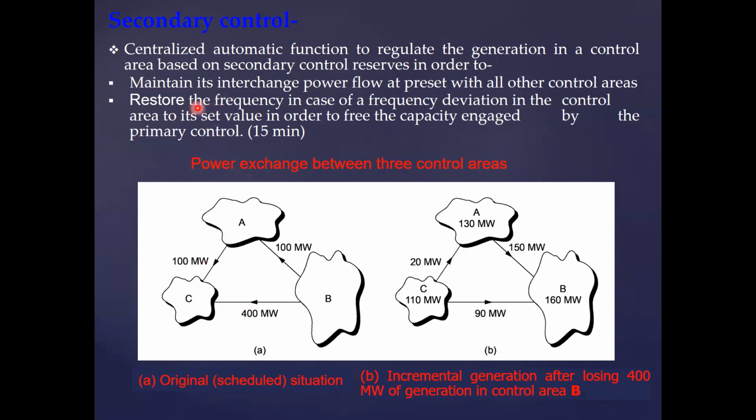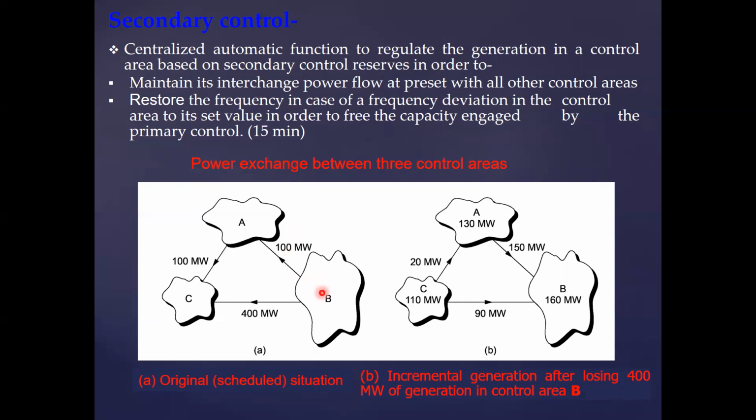The second objective is to maintain the frequency deviation in the interconnected system at the set value. So whatever correction we have achieved after the primary control, further correction is applied through secondary control action.